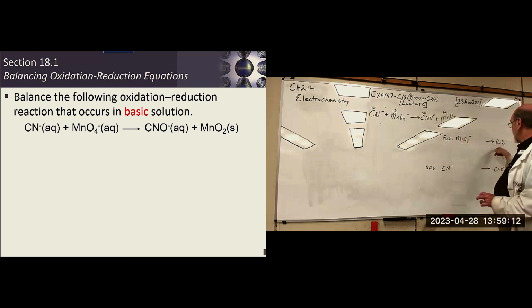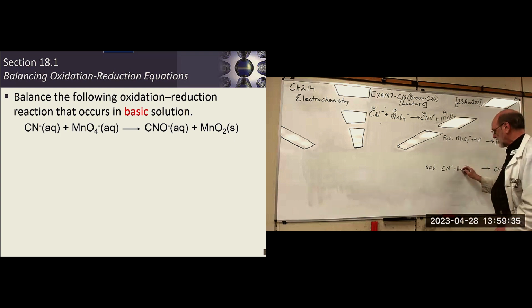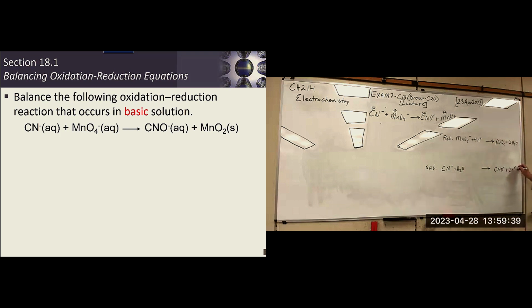Now, manganese, manganese, 1, 1, carbon, carbon, nitrogen, nitrogen. Then we go to the oxygens. All right, so we have 4 oxygens here, but we already got 2 here, so we only need 2 more. But now we've got 4 hydrogens. There we go. Okay, we got 1 oxygen here, so we need an oxygen on this side. Now we need 2 hydrogens to balance these 2.